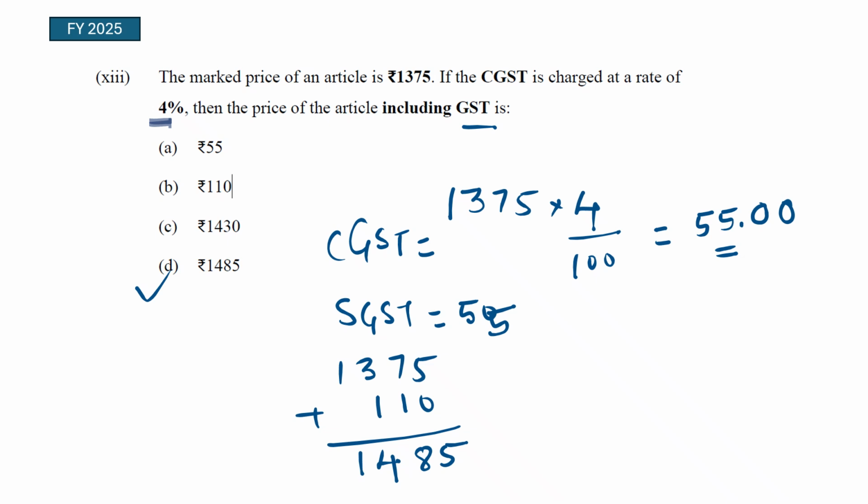So I calculated CGST with 4%, 55 rupees. SGST is also the same, it is 55 rupees, and total GST is 110 rupees. You add it to your mark price, because no discount is there, and finally you are going to sell this article at 1485.